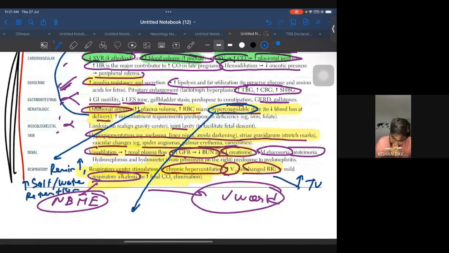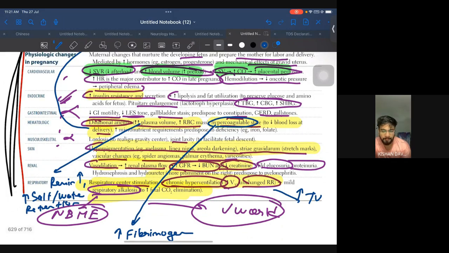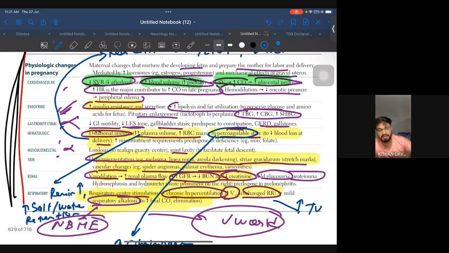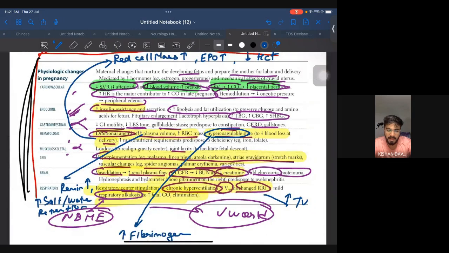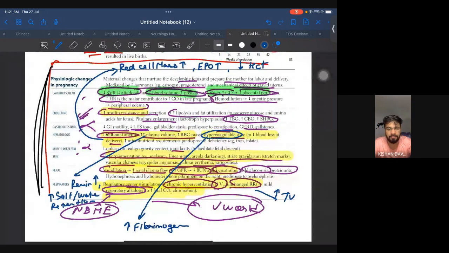So another thing that you have to remember here is there will be increase in fibrinogen. Okay, so all these parameters are very important. The ones that I have highlighted, the ones that I have written extra, very important. All of this is one question. One question has come from all of these.